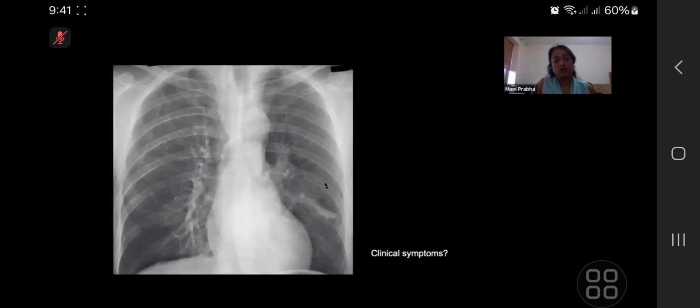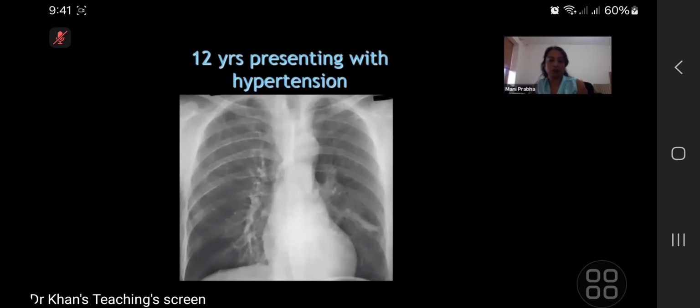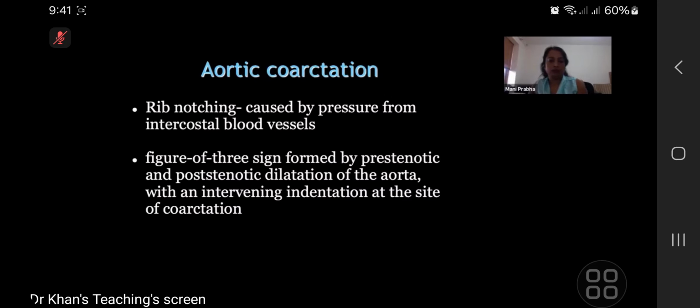These children usually present with hypertension, or a systolic murmur, but also headaches and hypertension. In aortic coarctation, rib notching is caused by pressure from the intercostal blood vessels, and the reverse figure of 3 sign is formed by pre-stenotic and post-stenotic dilatation of the aorta with an intervening indentation at the site of coarctation.